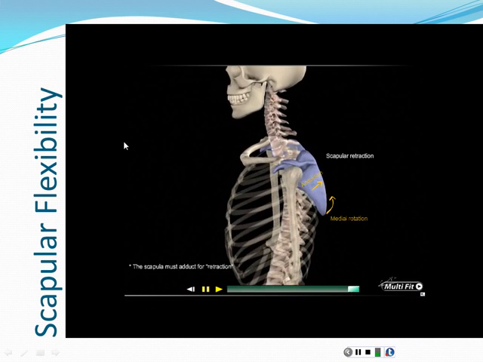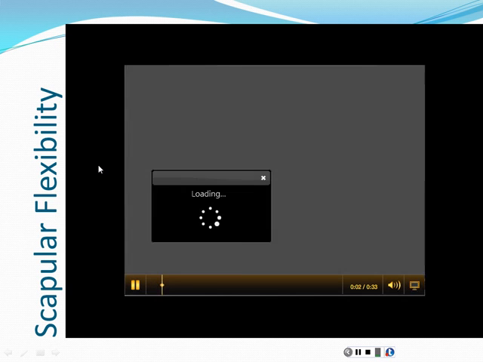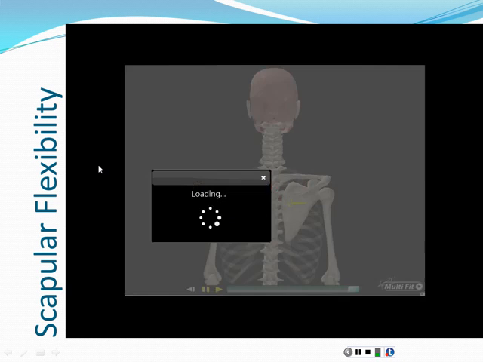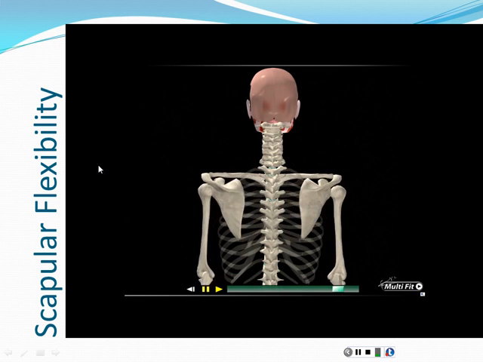So it slides up and down. That's adduction and abduction. Wait a minute, there should be more than that. Okay, here we go. Yeah, okay. So you can pull your shoulders forward, the scapula come forward, and they go out.